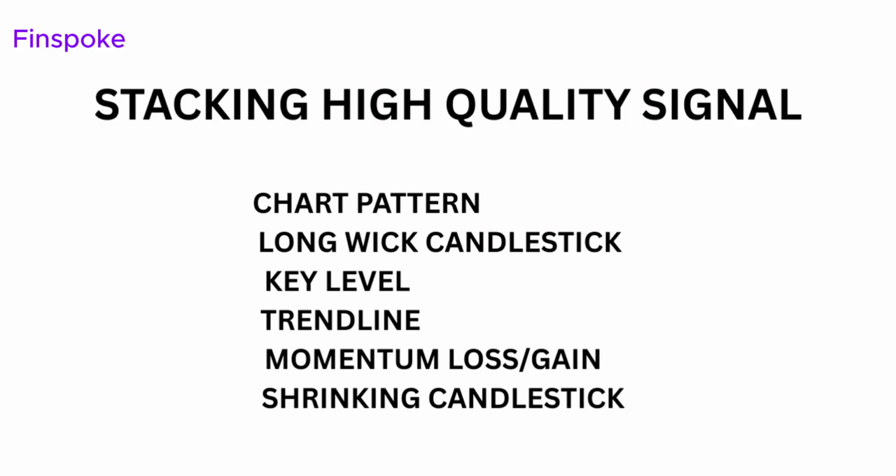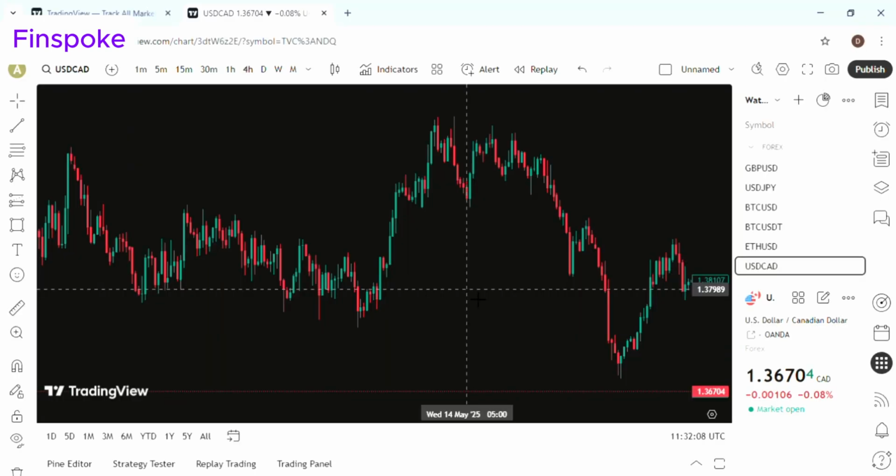Next strategy, combining high quality signals to get a high probability setup. The best trading setups are the ones where multiple high quality signals confirm each other, providing a robust and reliable indication of the market direction or potential price movement.